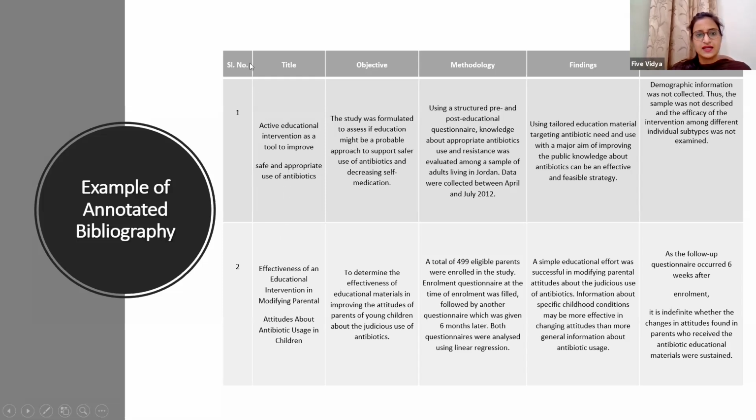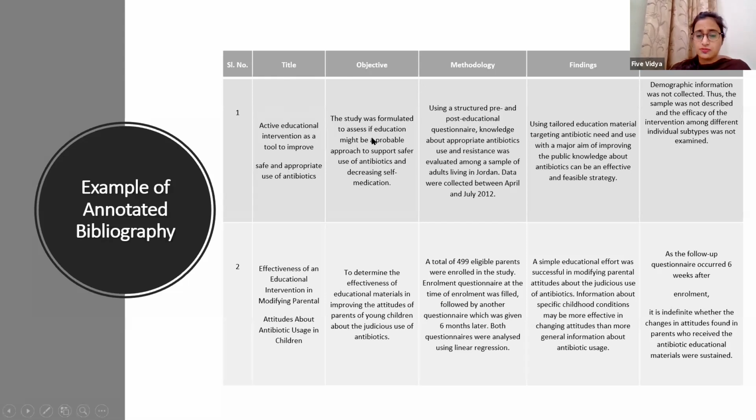These are the categories which I need to look into in the paper: title, objective, methodology, findings, and limitations or future work. In the first column, I write the title of the research paper which I am reviewing.